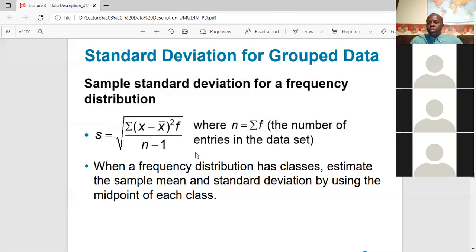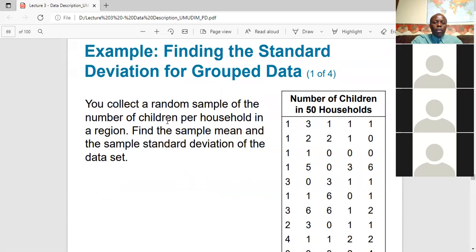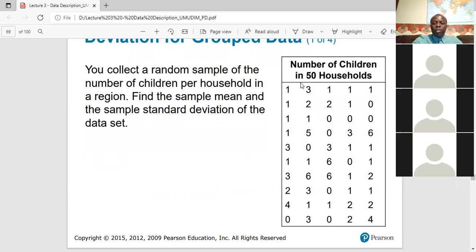Usually an example will help you to understand this. It says, you collect a random sample of the number of children per household. See the number of children in 50 households.